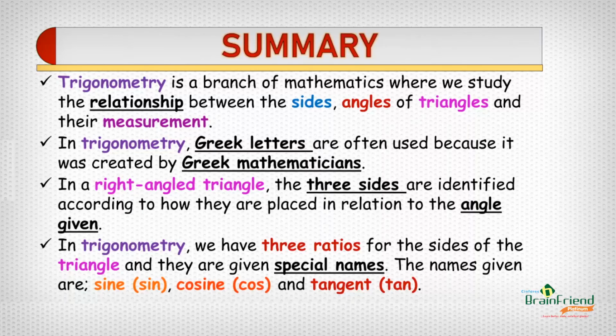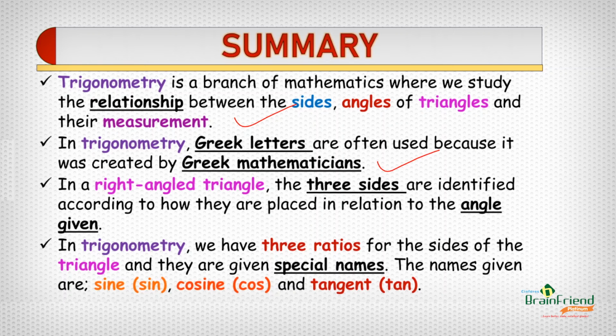Having looked at the 3 trigonometry ratios, we have come to the end of this class. But before we go, let's take a look at a quick summary of what we have learned so far. We learned that trigonometry is a branch of mathematics where we study the relationship between the sides and angles of triangles and their measurements. We also learned that in trigonometry, Greek letters are often used because it was created by Greek mathematicians.